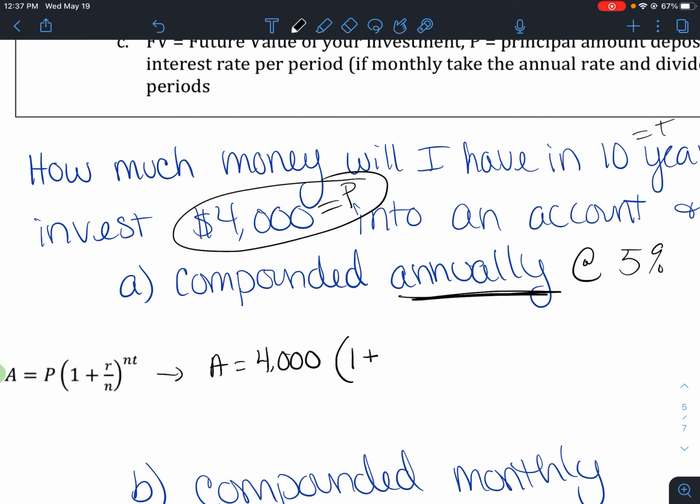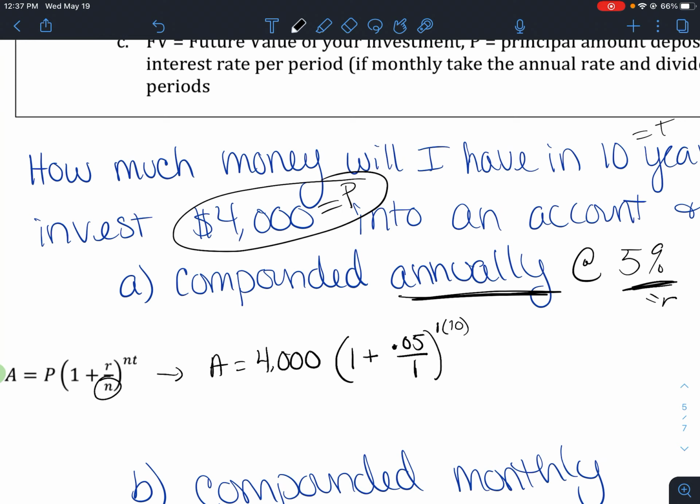So 1 plus, and my rate is 5%. That's my R. But remember to put that in decimal form. So not 5, but 0.05 over N, and N in this case is 1 because we're doing it annually, right? Close the parenthesis, and then it's N times T, so again 1 times the time in years, which would be 10.